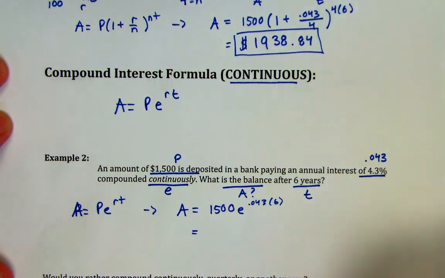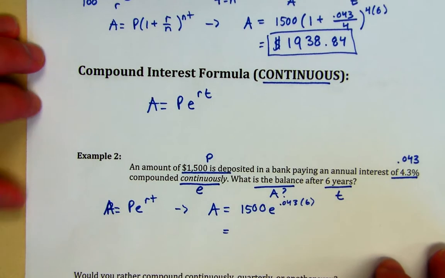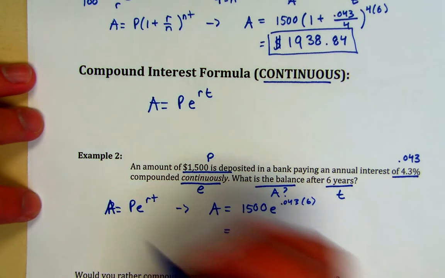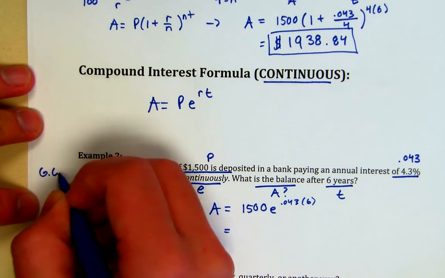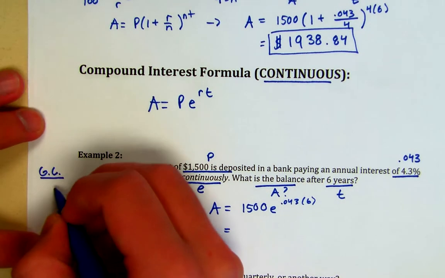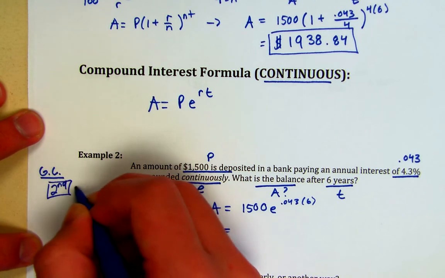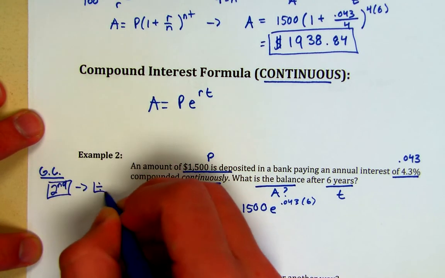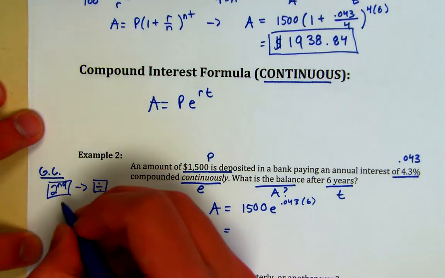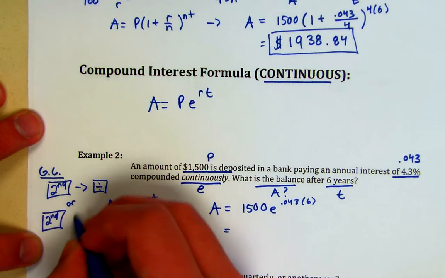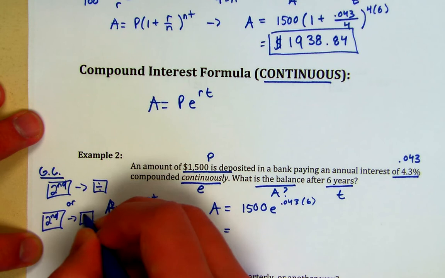Now in your calculator, we need to figure out where that E is, rather than putting in 2.7, because that will skew your answer. In the graphing calculator, you can do two ways. You can hit second, and then the division sign, or you can hit second, and then the button that says LN.